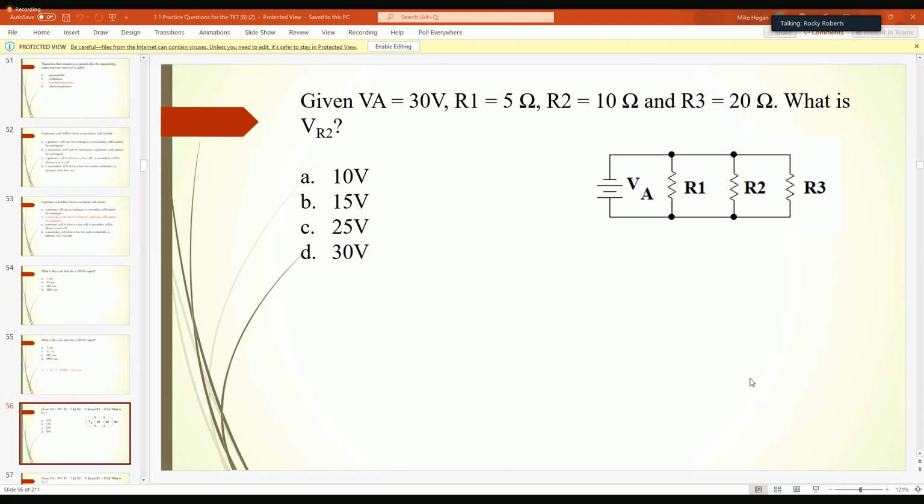Because it's parallel. Absolutely, right? Nice catch. It's parallel, so it's 30 volts across all 3 of those resistors, R1, R2, and R3. It's natural tendency for us to dive in and start doing calculations. Yeah, good job. 30 volts.